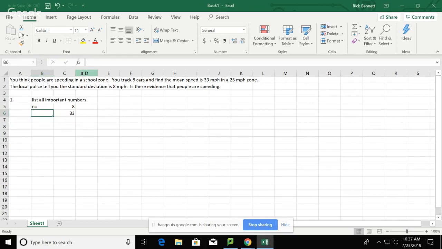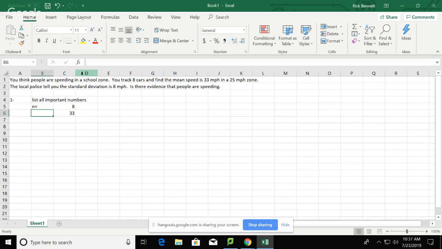Mu or something. Is it mu? Well, no, because this is a sample, not a population. Here, let's all vote. Who thinks it's mu? Raise your hand. Who thinks it's something else? Did you say S?